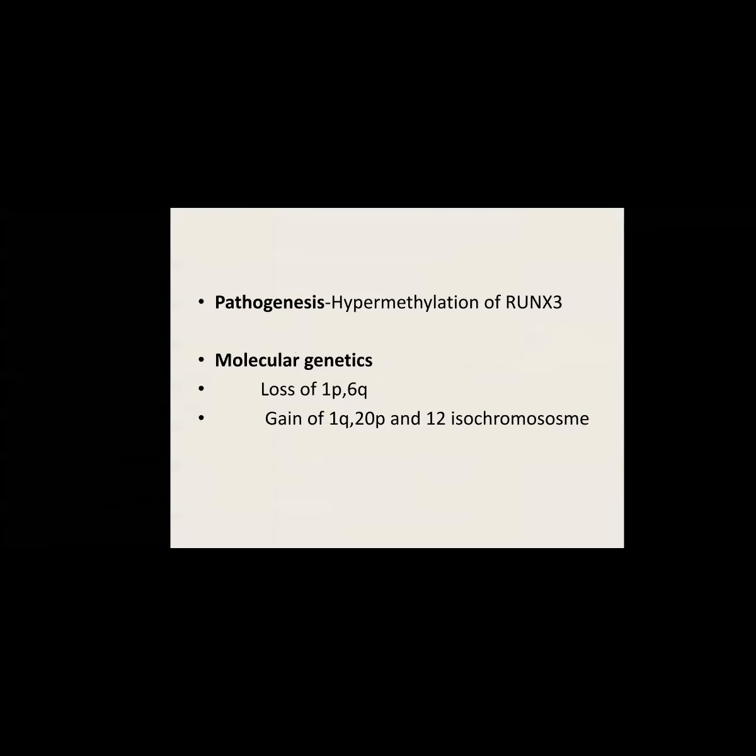The pathogenesis is thought to be due to hypermethylation of RUNX3. In the molecular genetics, there will be loss of 1p and 6q, and there will be gain of 1q, 20p and 12p, with isochromosome 12.